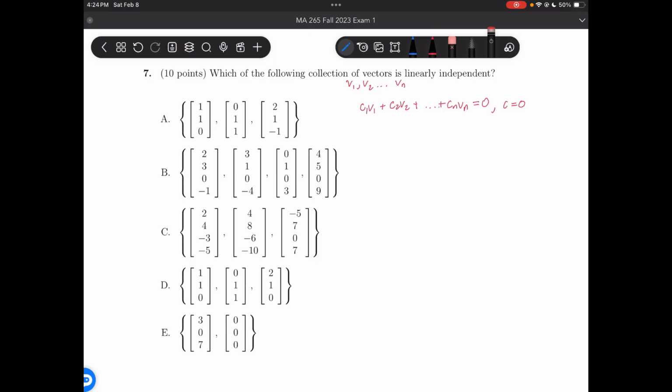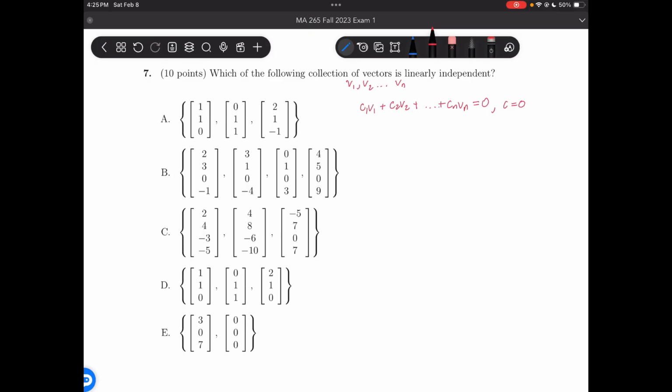So c1, c2, cn, those are constants. And we know a set of vectors is linearly independent if this equation has only one solution where all of the constants are 0.